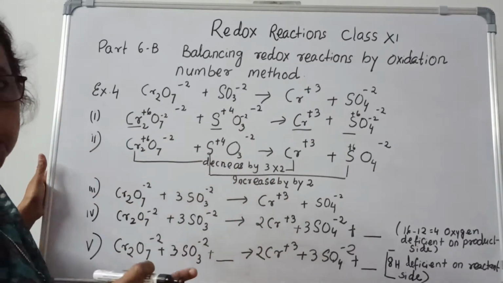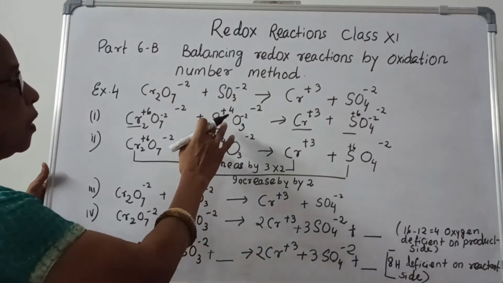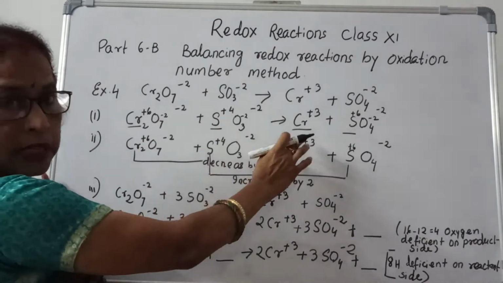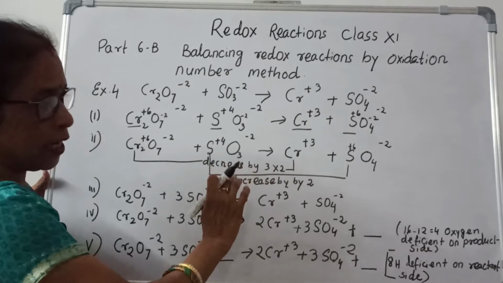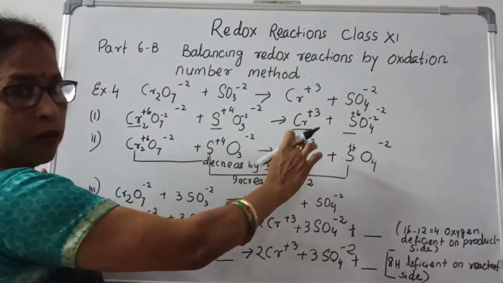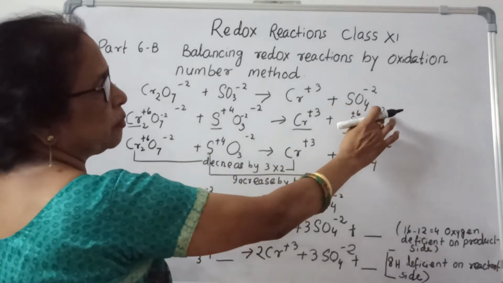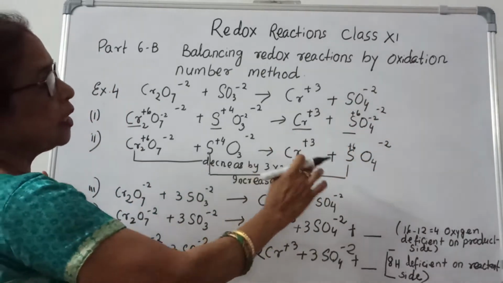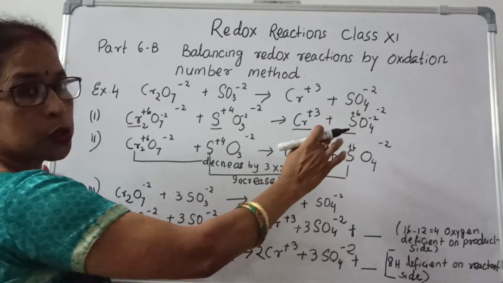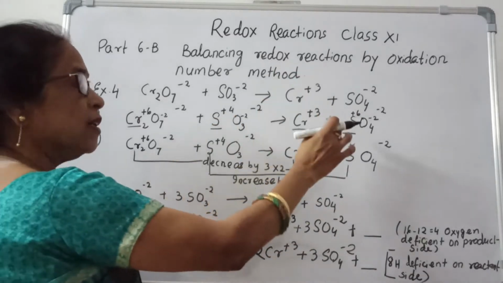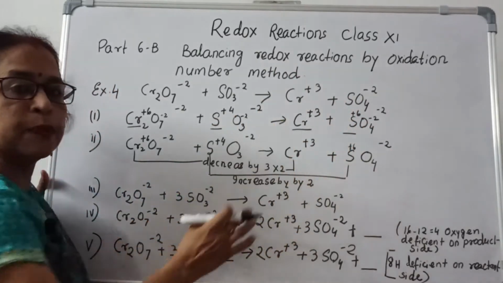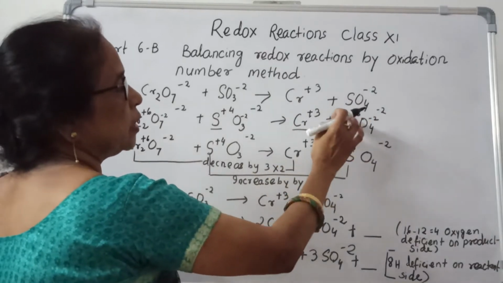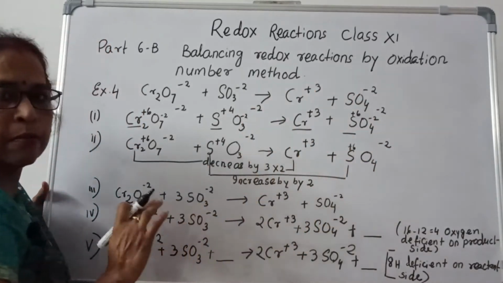Now on the product side Cr plus 3 is already there, and in sulfate again you will find the charge is -2, O4 in -2 is equal to -8, and sulfur is +6, so that the sum of these oxidation numbers becomes -8.